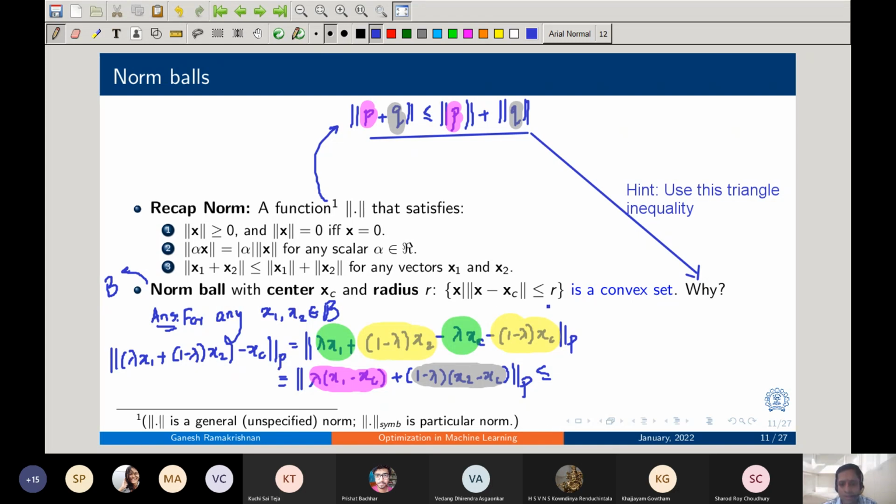You know that each of them is less than or equal to r, since they both belong to the ball. So it'll be less than or equal to lambda r plus 1 minus lambda r, which equals r. Okay, so the proof is largely going to follow this most of the time.